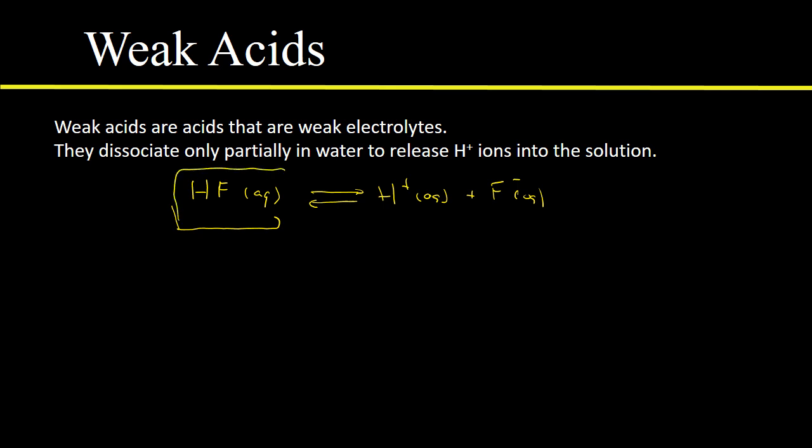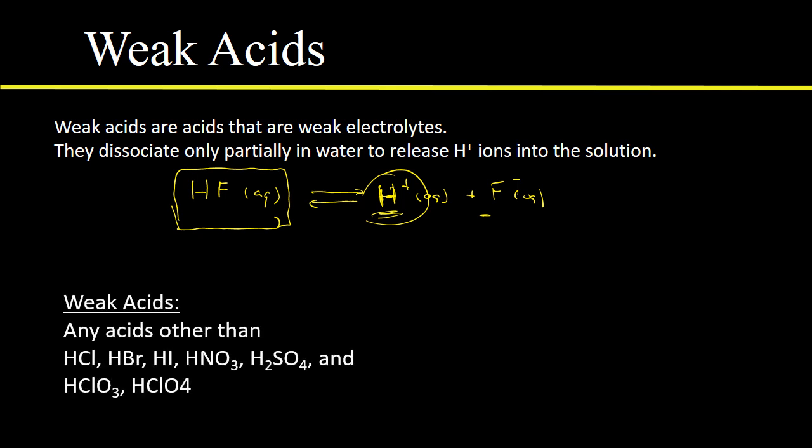So very few of the molecules are dissociated, producing these hydrogen ions. Although if they're in a chemical reaction, they can still supply these hydrogen ions to the chemical reaction. So they still act as an acid, they just aren't strong electrolytes. And again, how do you know a weak acid? Weak acids are all of the acids that aren't on that list of strong acids.